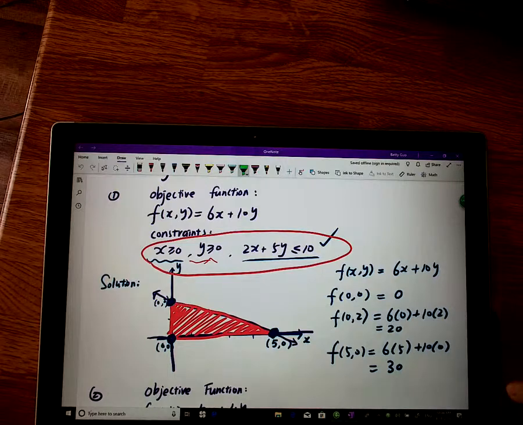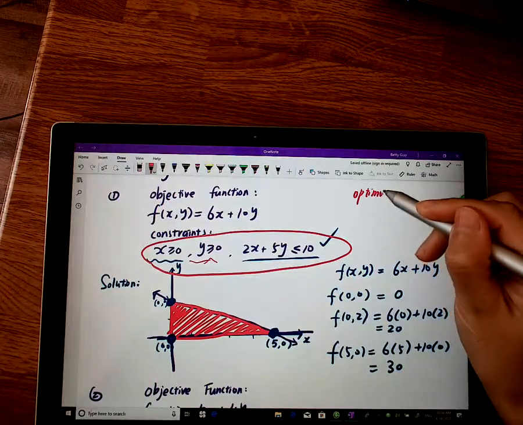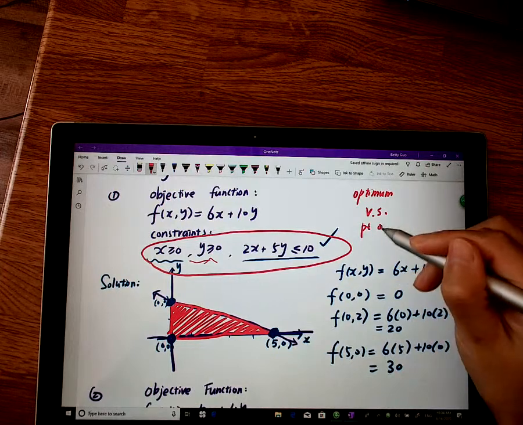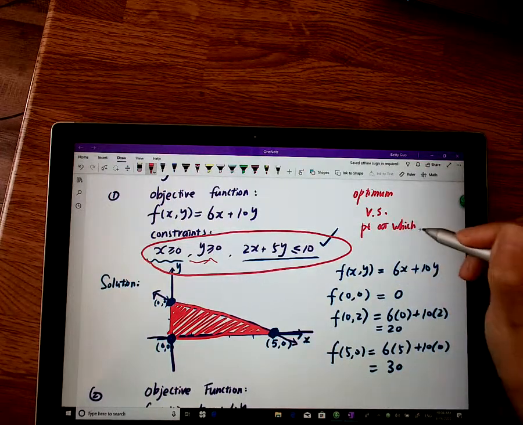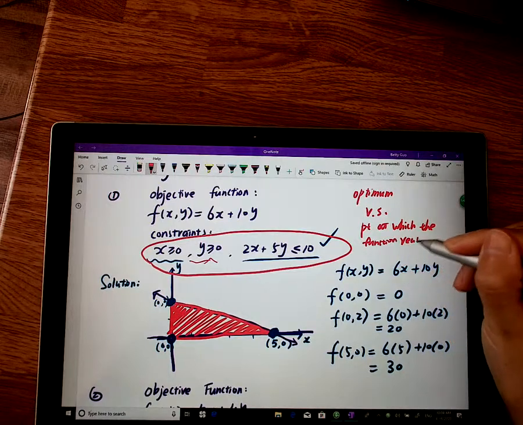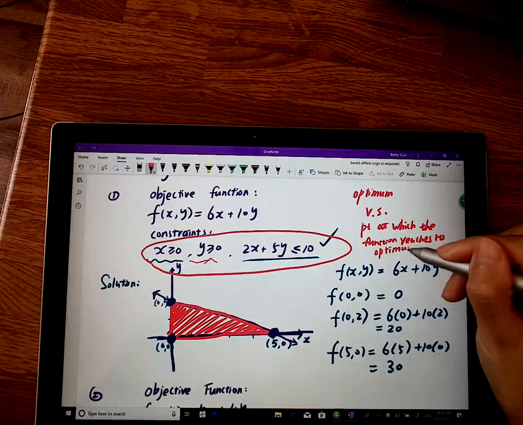So two different things: the optimum, either maximum or minimum, versus the point at which the function reaches its optimum.